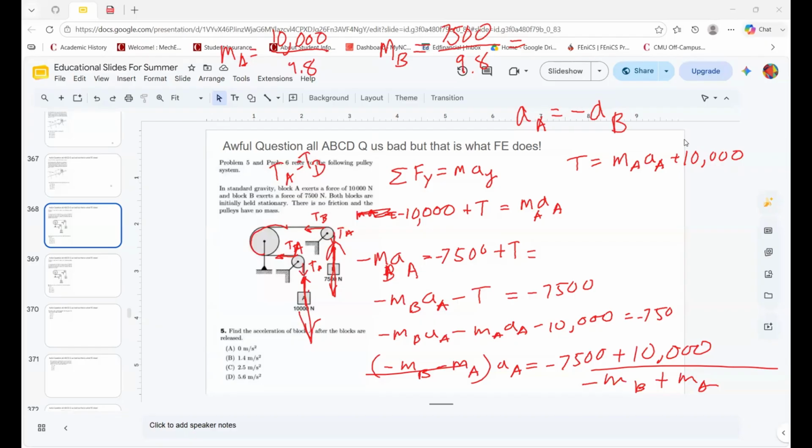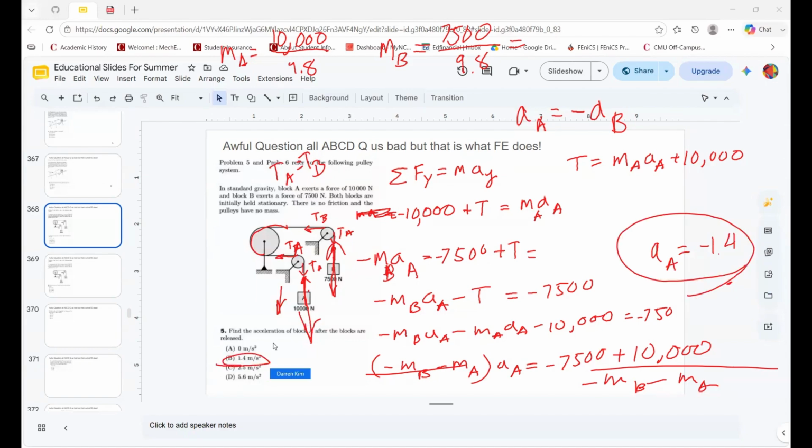Oh wait, this is supposed to be minus. I don't know why I put plus there. All right, mb 7500, 9.8 minus, what is it? Division 10,000. Another thing to note is that while you're plugging in, you can double check in your head. I got ma negative 1.4, and that makes sense. Negative direction, going down, so it's 1.4.